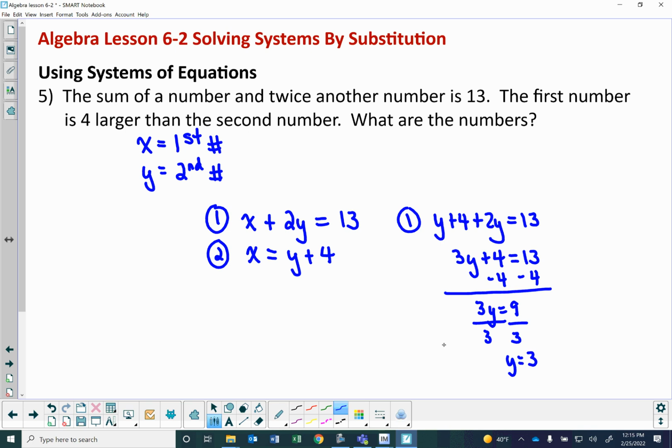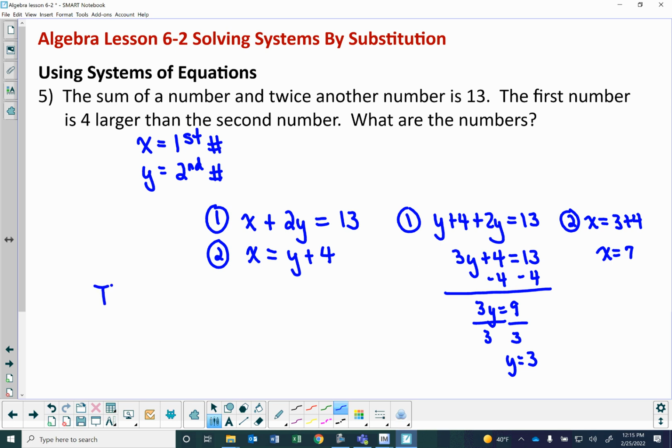Which means in equation 2, x equals y, which is 3 plus 4. So x equals 7. Now you're not going to just say my numbers are 7 and 3. You're going to say the first number is 7 and the second number is 3 because that's how we defined them. Okay?